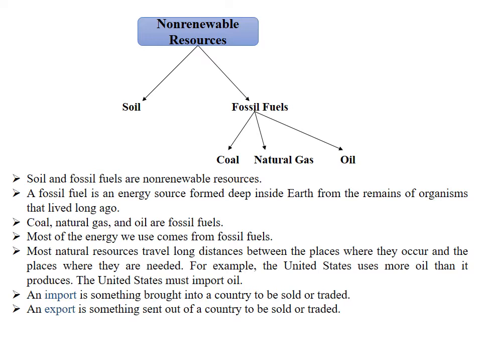For example, the United States uses more oil than it produces, so the United States must import oil. What is an import? An import is something brought into a country to be sold or traded. But an export is something sent out of a country to be sold or traded.